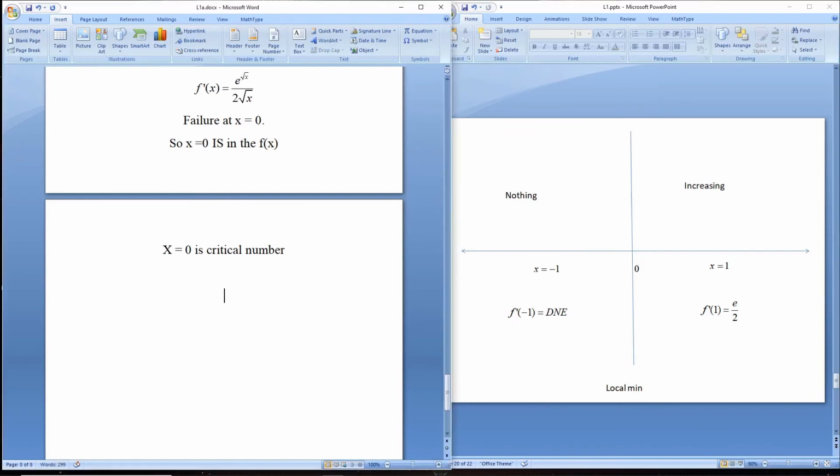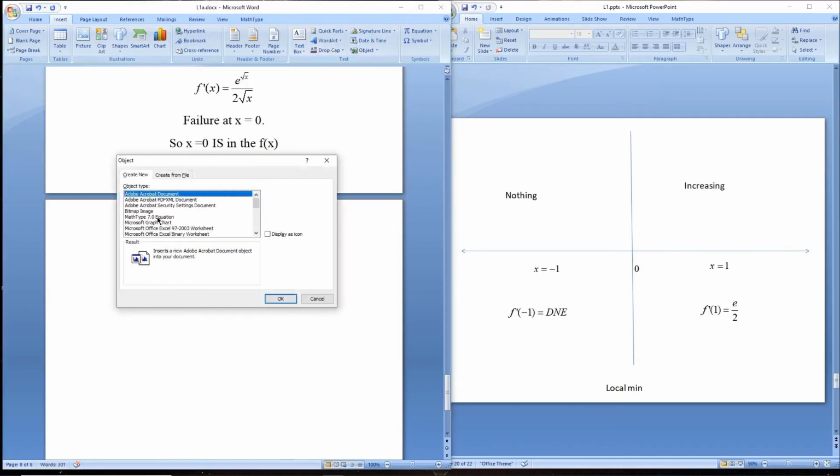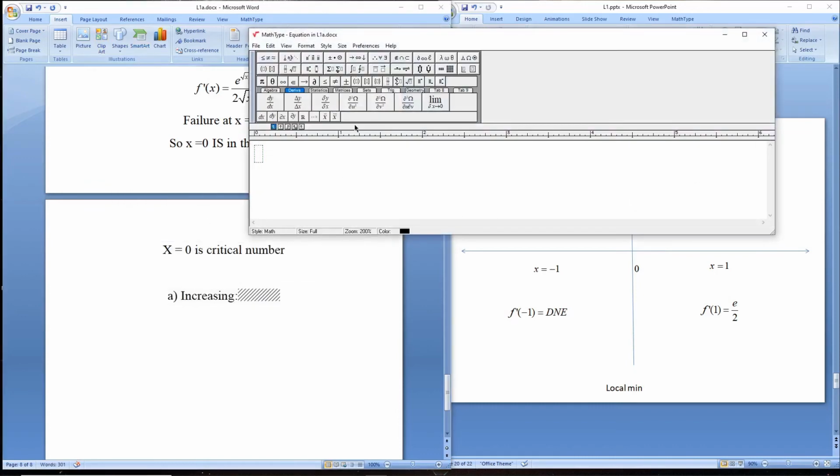And so we have for our answers for part A. On what interval is this increasing? Well, there's nothing here, and it's increasing everywhere else. So we're going from 0 to infinity.